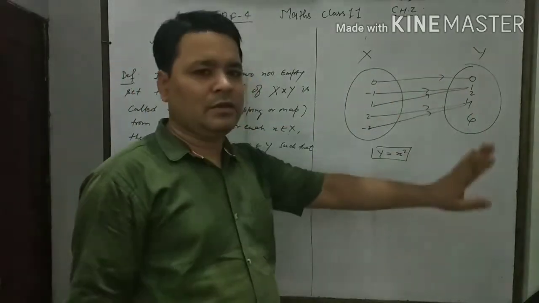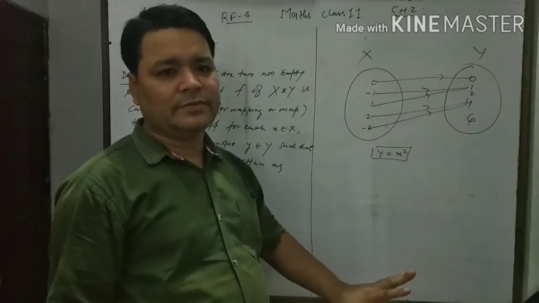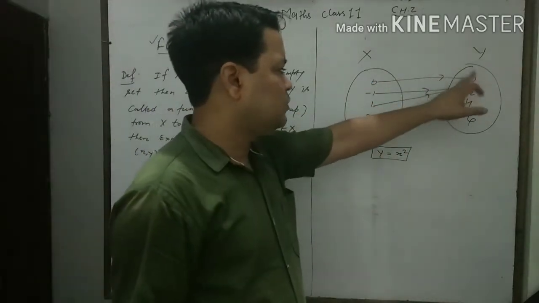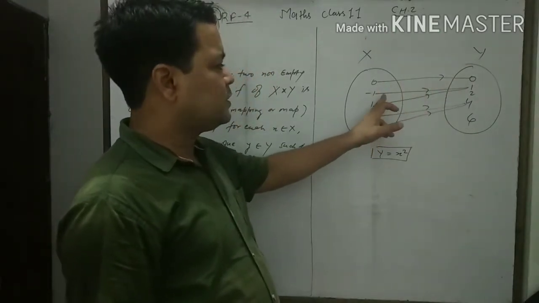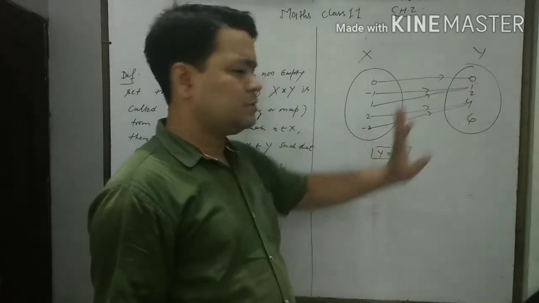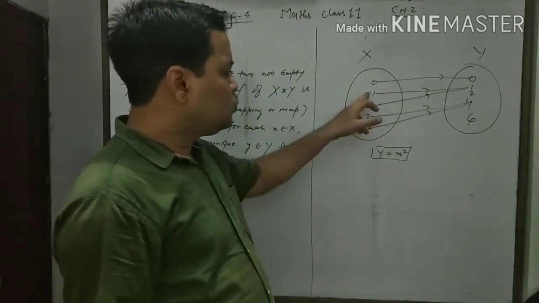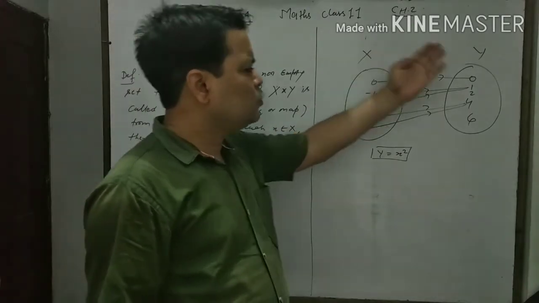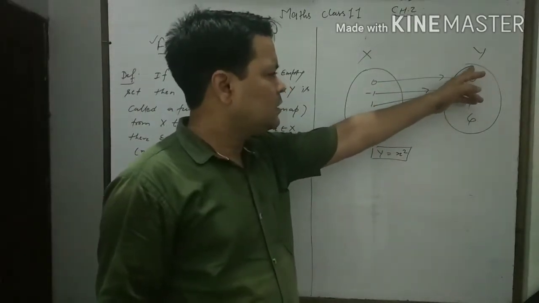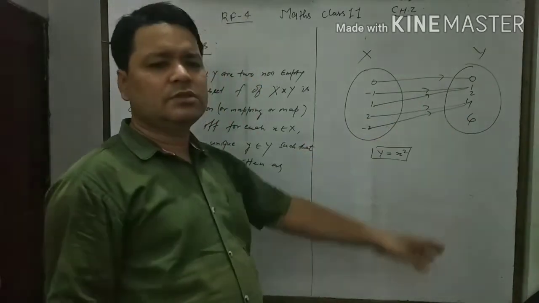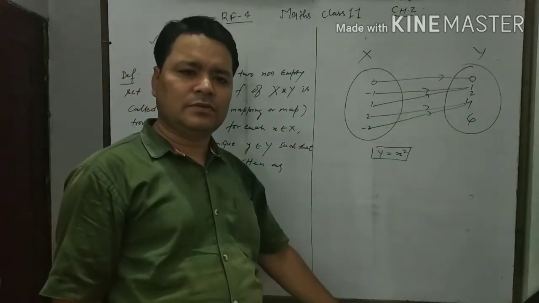element of Y, and here the condition is satisfied because 0 is related to a unique element of Y, that is 0. -1 is also related to a unique element, that is 1. Here 1 is also related to a unique element. It means if two elements of set X belong to one element in Y, in that condition also this is a function.